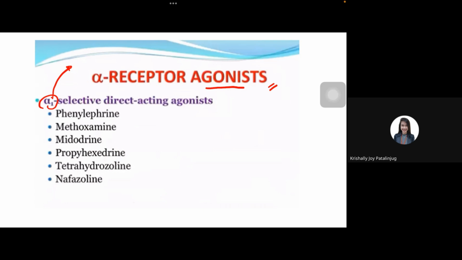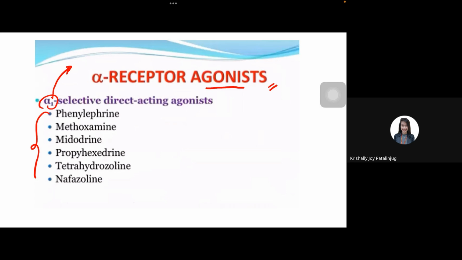So, unsa man to inyong mga nadumduman nga alpha 1 receptor activation? Do you agree nga vasoconstrictor ito sila? Yes or no? Vasoconstrictor ba yung mga gamot na to being an alpha 1 direct acting agonist? Let me repeat the question.